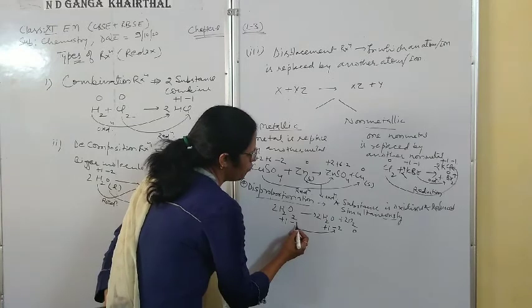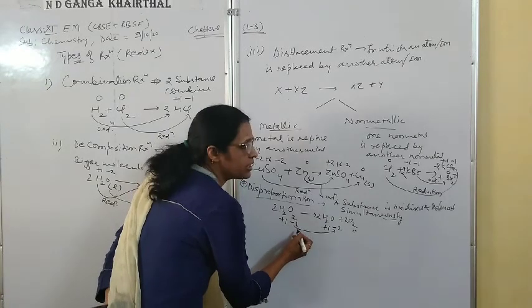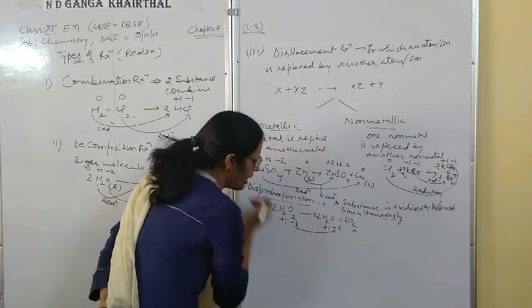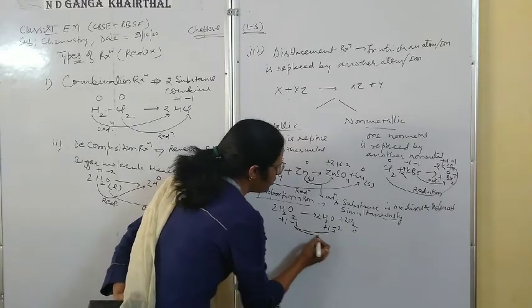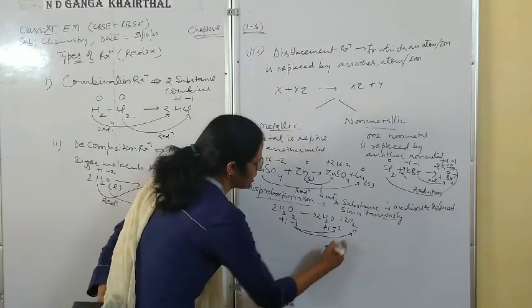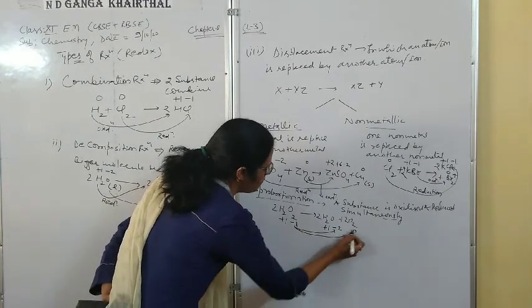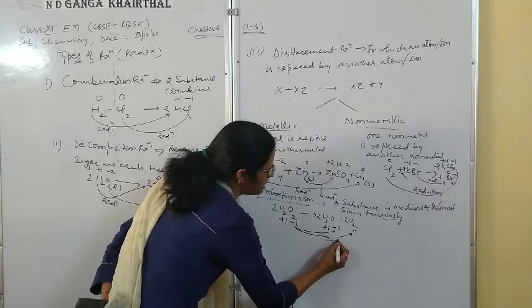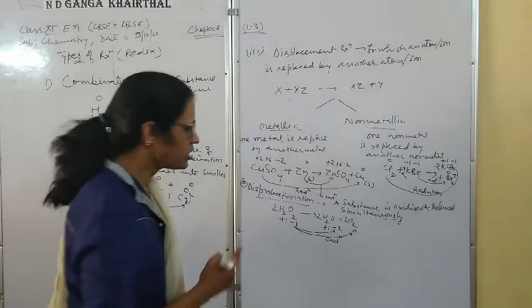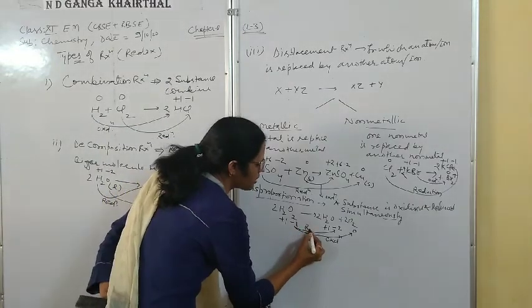So what's going on? The oxidation number goes from minus 1 to minus 2, and in another, from minus 1 to 0. Here oxidation takes place because the oxidation number is increasing. And minus 1 to minus 2 means a decrease in oxidation number, so it's a reduction.